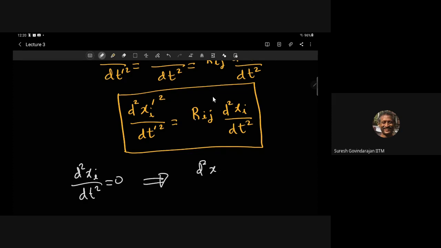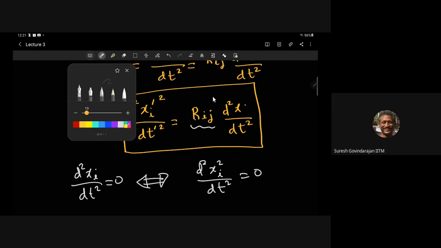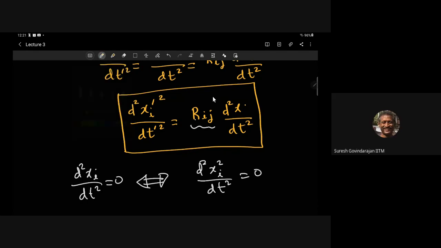Because this is an invertible matrix, you can see the converse also, I can take it to the other side. So the arrow goes both ways. Is this clear? Sir, in the right hand side, is that xi or xj? It is xj, I just noticed that. Thank you.